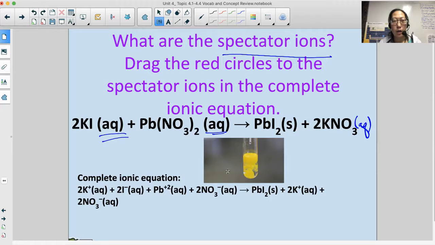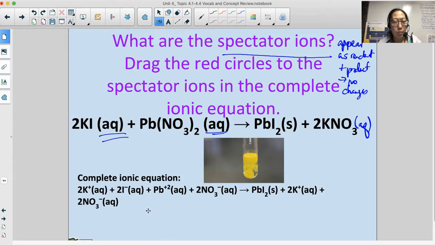These are the ions that appear as a reactant and product. No changes occur to them. Okay, so these are ions that do not change over the course of the reaction. They're just floating around and doing their own thing.